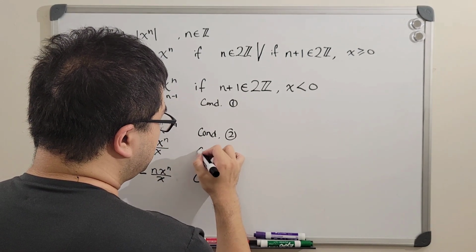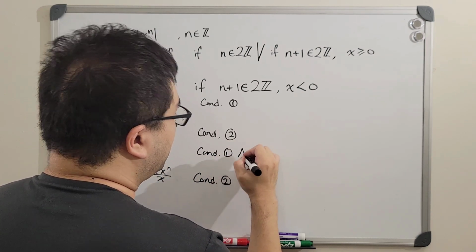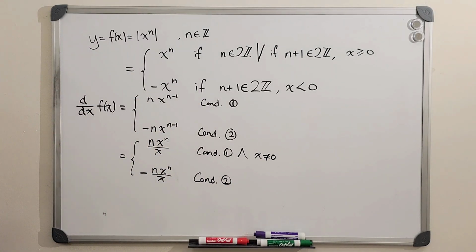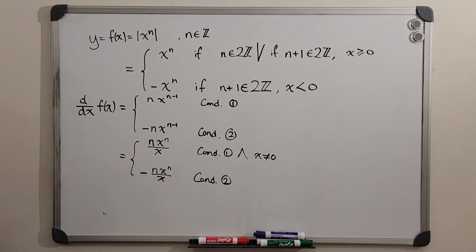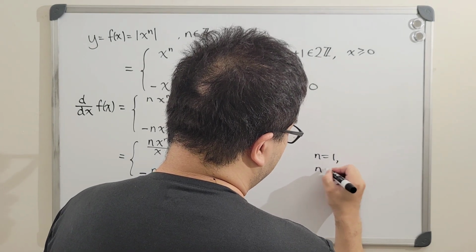For the first condition, we actually need to change it a little bit to x is not equal to 0. Now, what happens if x is equal to 0? Well, in this case, we need to think about it in the following way. We need to split into a few more cases, which is when n is equal to 1 and n is not equal to 1.